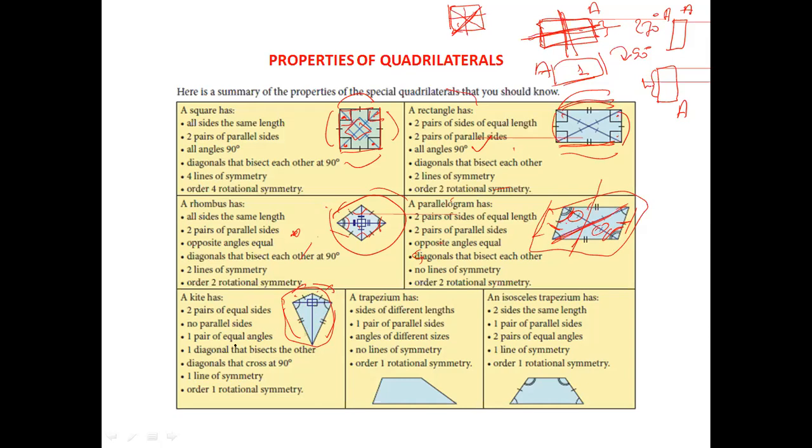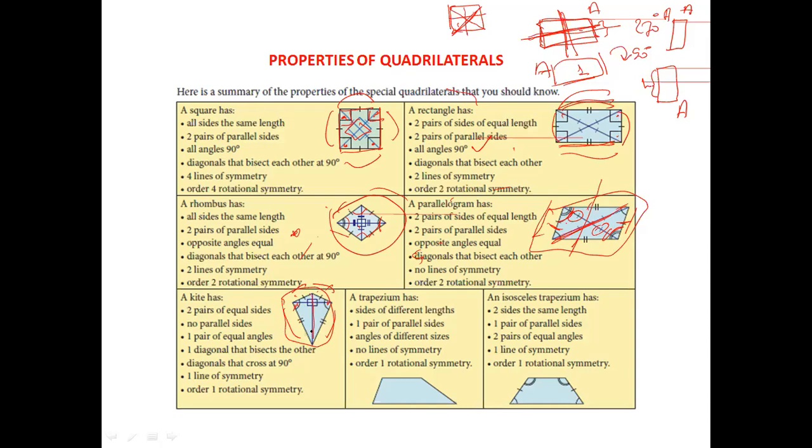One pair of equal angles. Which angles? It's here, here. The other angles are not equal to each other. One diagonal bisects the other. Okay.